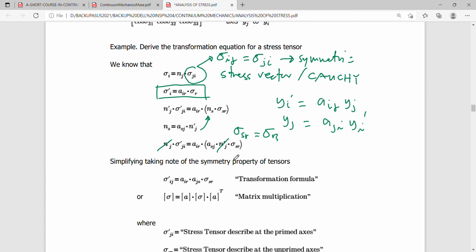But why did I make use of an Ajs here? Because I remove one tensor or one vector here, and note that the transformation matrix is not symmetric, unlike the stress tensor, so I have to interchange my Asj subscript to an Ajs subscript for this to be consistent.